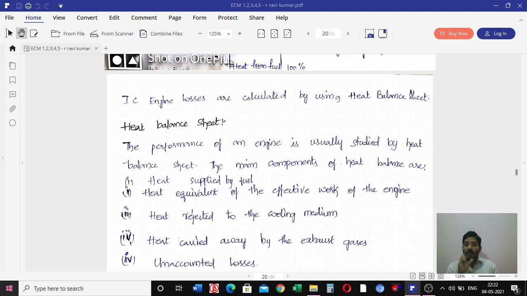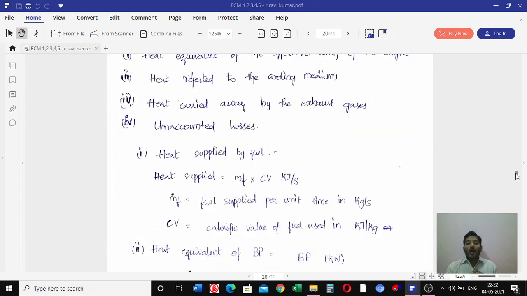The main components of the heat balance sheet are, first, how much heat is supplied by the fuel; second, the heat equivalent of the effective work of the engine; third, the heat rejected to the cooling medium; fourth, the heat carried away by the exhaust gases; and unaccounted losses in the internal combustion engine.